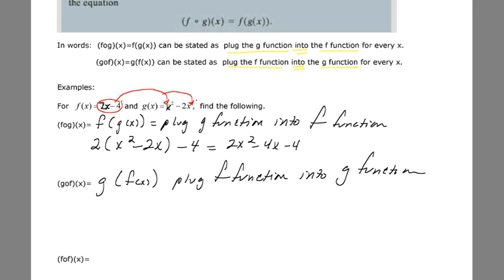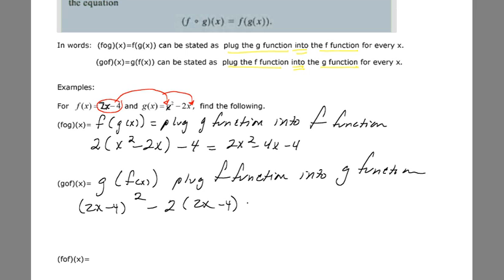So there are 2 X's there. Both X's get replaced with the F function. See what that looks like. G of X says I have something squared minus 2 times something. The something that I'm plugging in is the F function, 2x minus 4. Both x's get replaced with 2x minus 4.